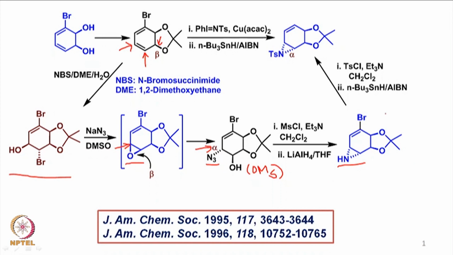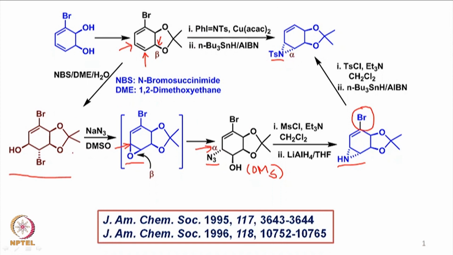Now once that has happened, then of course we can do the N-tosylation using tosyl chloride and triethylamine to convert this NH into the corresponding N-tosylate, and of course under the radical conditions we can do the debromination or reduction of the carbon bromine bond to get to this debrominated molecule, the same molecule which we had got earlier.